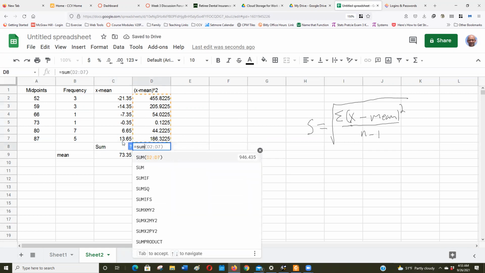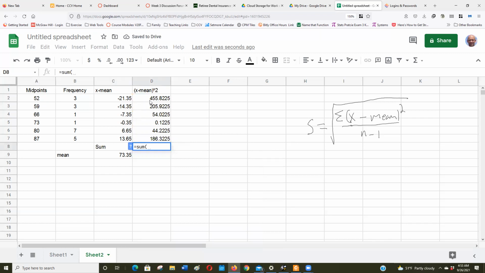So equals SUM. And see, this time it isn't understanding what I want, so I have to select those cells. So I clicked on the 455 and selected all those, right? And that's the sum. And here, let me drag this out of the way. Whoops. Control X, Control V. So now we're going to get the variance.